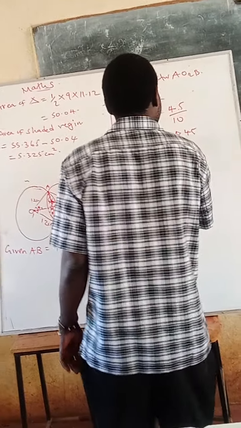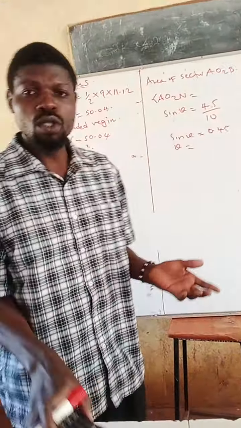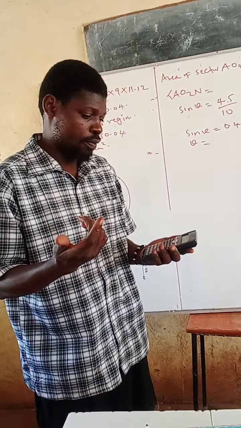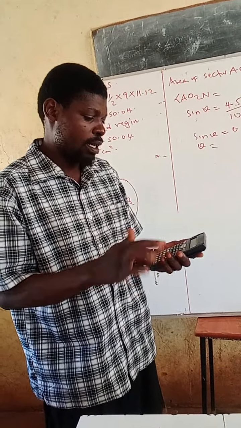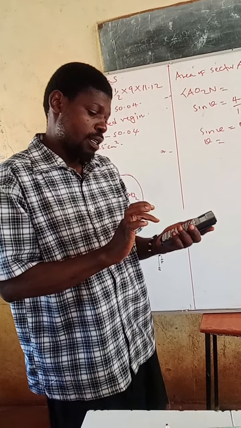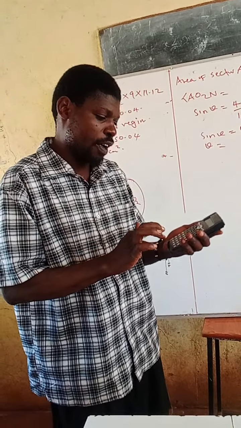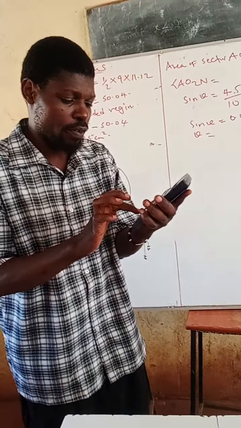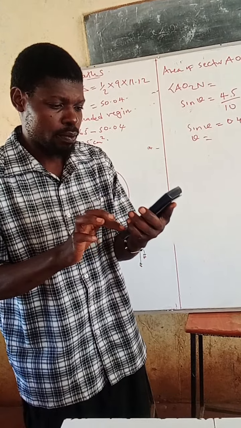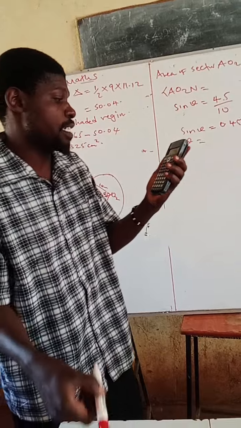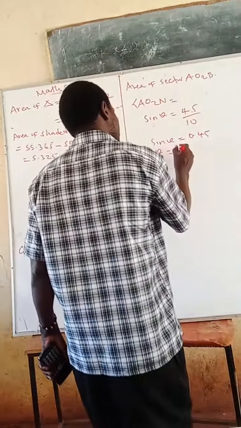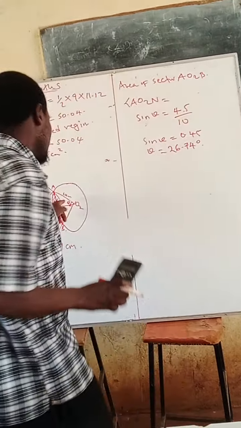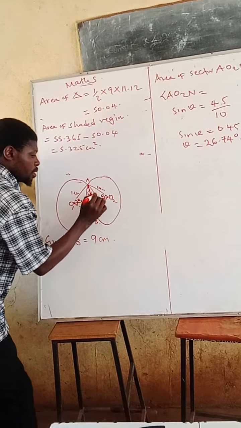But if you want to get theta, you go to sine inverse: shift, sine, of 0.45. The answer becomes 26.74 degrees. That is theta 2.